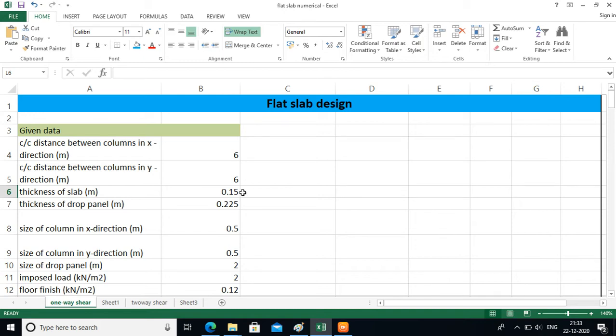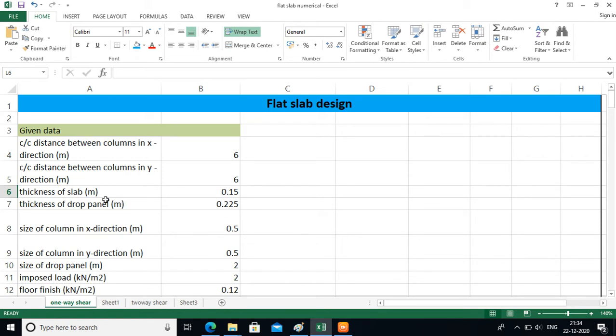But as we are going to do this design by Excel sheet, to get the optimum design I have selected the minimum thickness here. The thickness of drop depends upon the thickness of the slab. Here the total thickness of drop I have again directly taken as 225 mm.